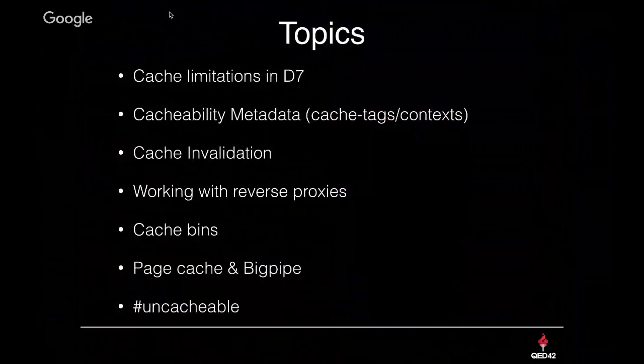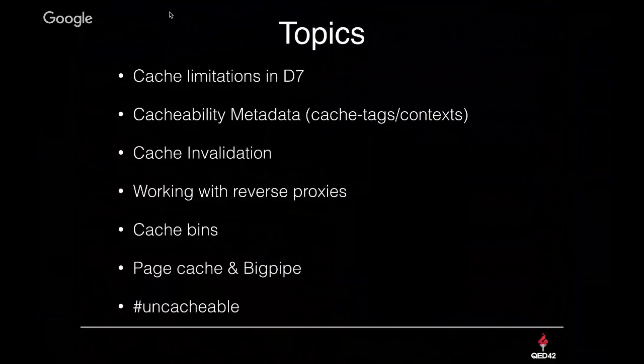So yeah, I'll quickly browse you through the topics. We'll see what the caching limitations were in Drupal 7. Then quickly go through the terminologies which have been introduced in Drupal 8 around new caching techniques, like cache tags, cache context, cache bins.